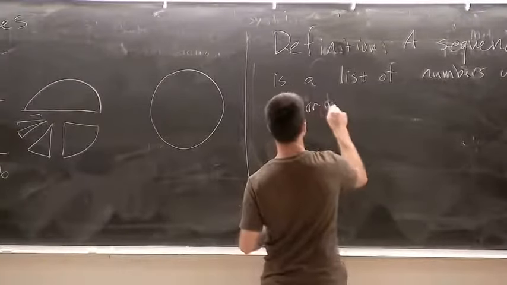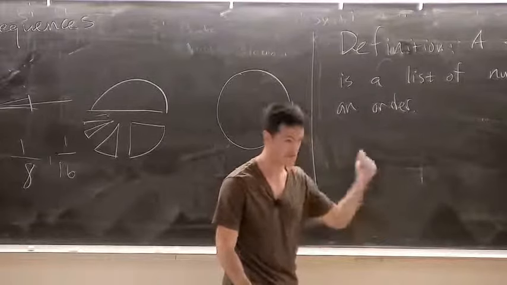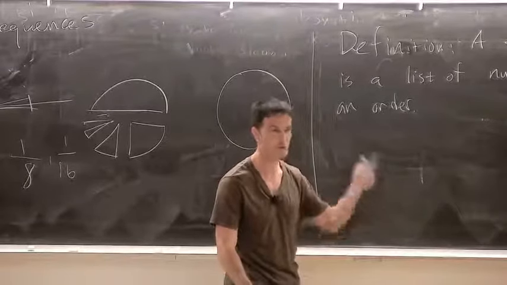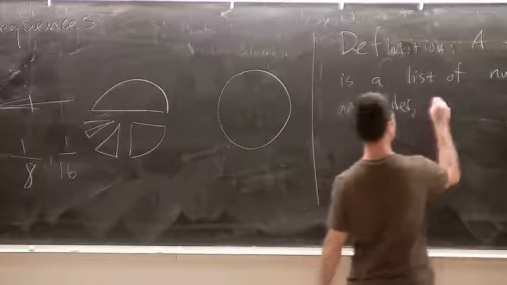that's called a sequence. And by order, I mean there's a first term, a second term, a third term, and a fourth term, and so on.